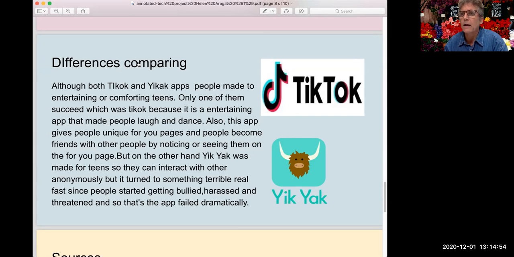They have put a lot of time and effort into creating the pages for you, into creating cool ways that you can watch your video and stuff, that TikTok really is dedicated to the customer, where Yik Yak doesn't seem to care what happens to their customer. All they want to do is make money. And the problem is you can't make money when your customer doesn't like your product anymore because you're not paying attention to them. So remember, a great product is customer centric.